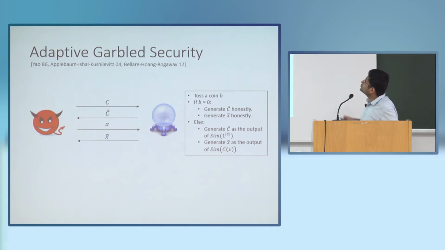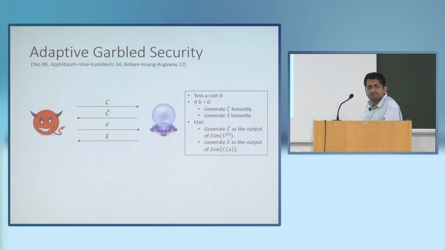Okay? And we have two modes here. One is the honest mode, which corresponds to b equal to 0, where both the C tilde and X tilde are generated honestly. So our challenger is giving the adversary an honestly generated garbled circuit and garbled input. And the other case is where the adversary is provided a simulated garbled circuit and a simulated garbled input.